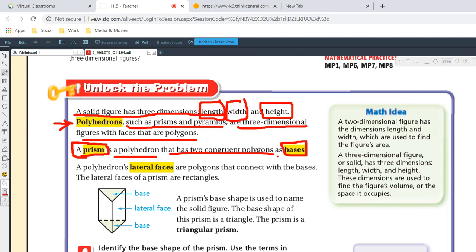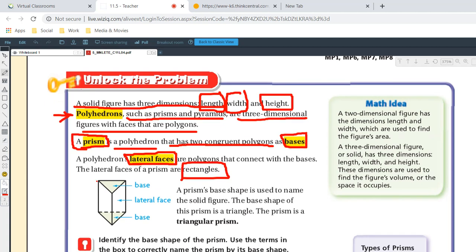So you have two congruent bases, your room ceiling and your room floor, and you have four walls. These walls are called lateral faces. The lateral faces of a prism are rectangles.